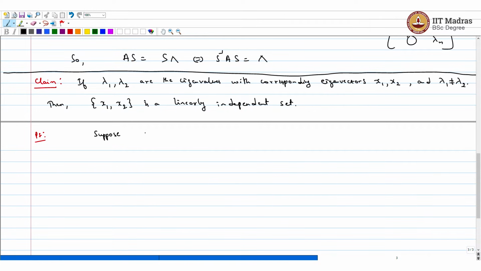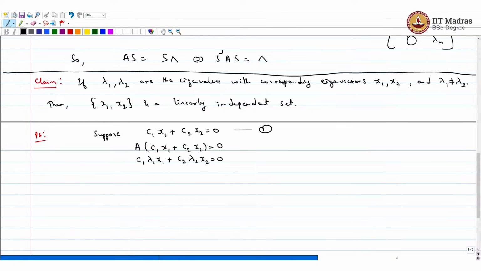The condition is: suppose some constant C1 times x1 plus constant C2 times x2 equals 0. Let me call this equation 1. Now, if I operate A on both sides, then I get 0, since A of 0 is 0, but this is nothing but C1 lambda 1 x1 plus C2 lambda 2 x2, since A x1 is lambda 1 x1 and A x2 is lambda 2 x2.